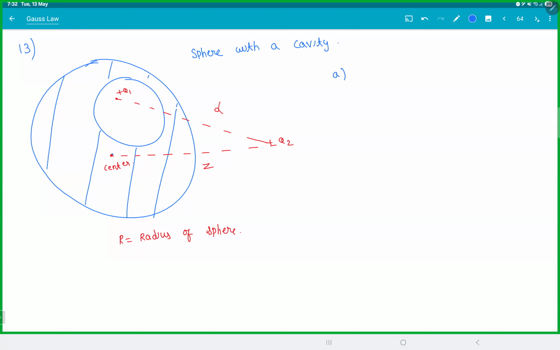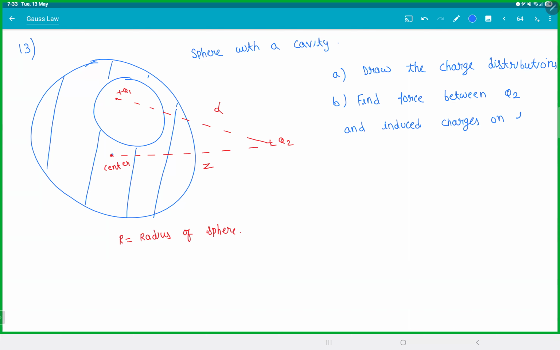First thing, can you draw the charge distribution roughly? How will the charges look like? Draw the charge distributions. Next thing, find force between Q2 and induced charges on inner surface of the cavity.